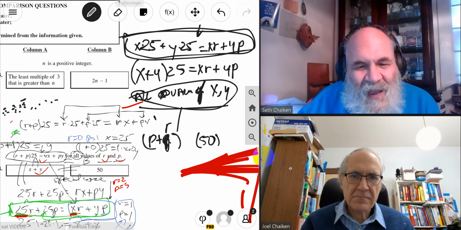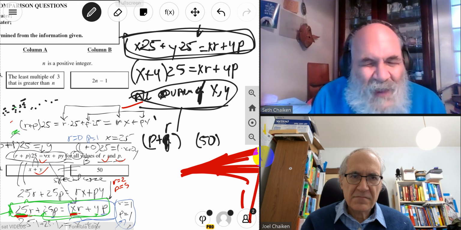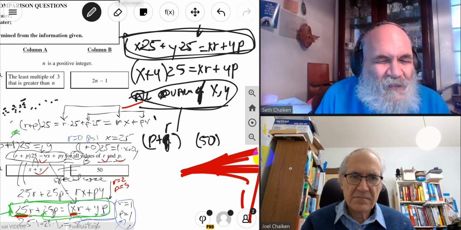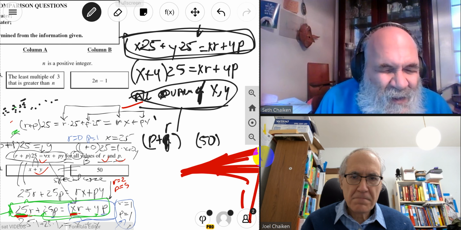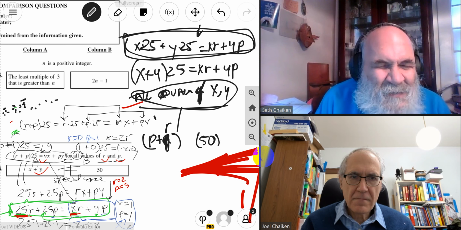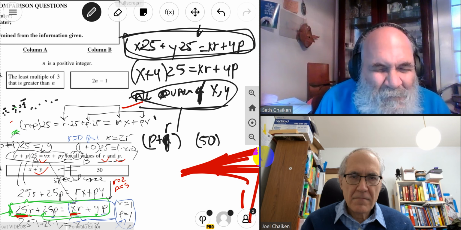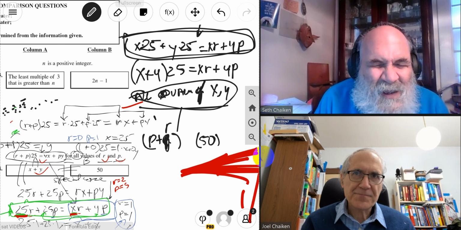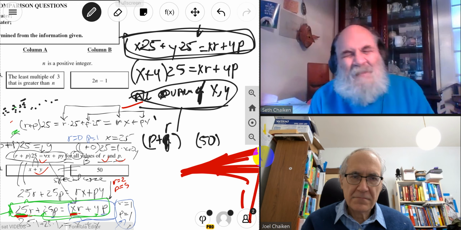Then I noticed that I could get information about the X plus Y in the box by picking R is 1 and P is 1. So that's what I did. I plugged in R equals 1, P equals 1 in the left-hand side, and bingo, 50 came out.